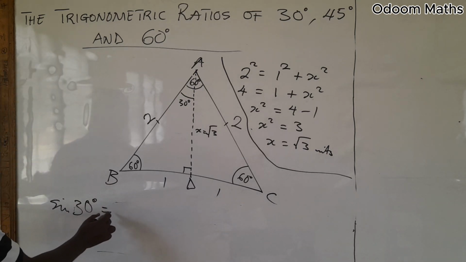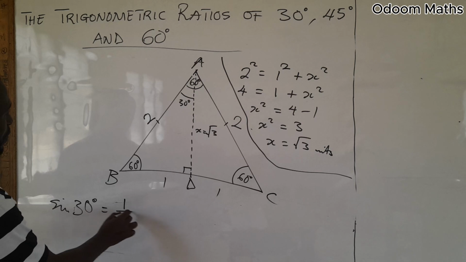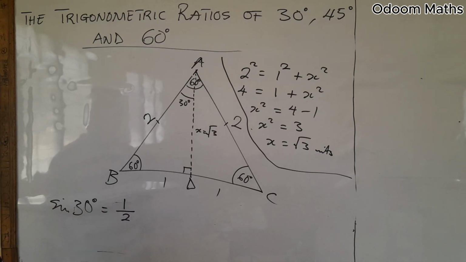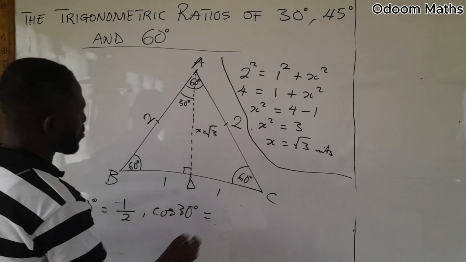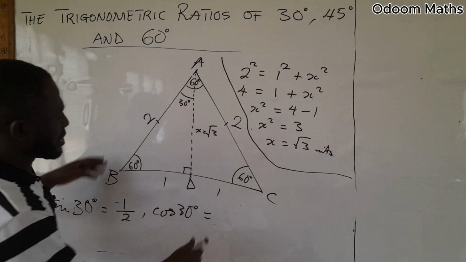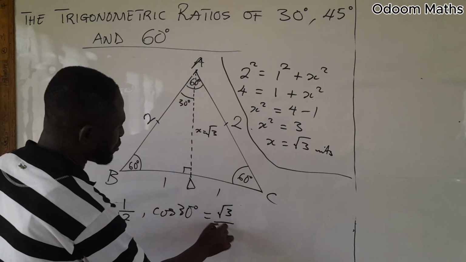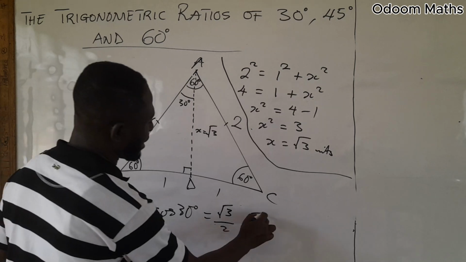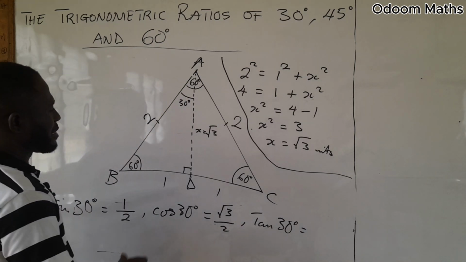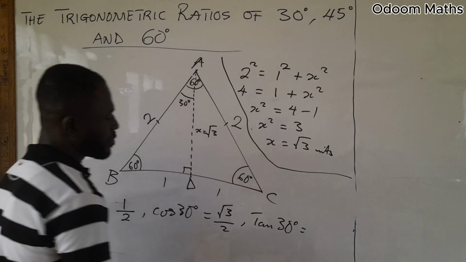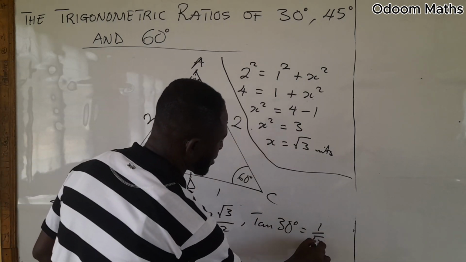So sine 30 is equal to 1 over 2. Then again, cos 30. Cos is adjacent over hypotenuse, which is root 3 over 2. Then tan 30 degrees. Tan is opposite over adjacent, which is 1 over root 3.